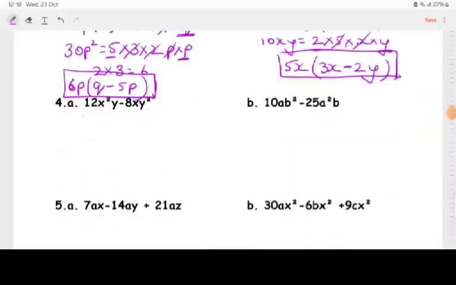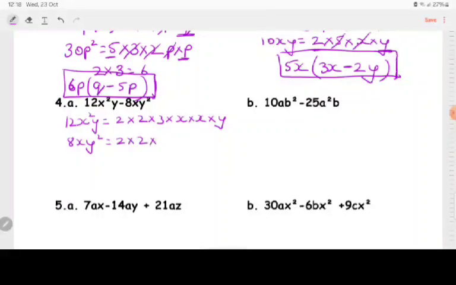Let's go to this one. 12X square Y is equal to 2 into 2 into 3 into X into X into Y. 8XY square is equal to 2 into 2 into 2 into X into Y into Y. So 2 common, 2 common.